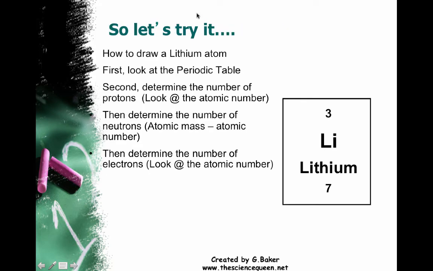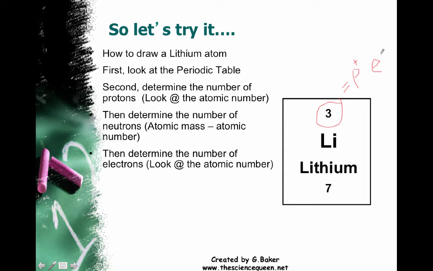Okay, so if we tried this right here, how to draw a lithium atom, first we're going to look at the periodic table. And as we're looking at this periodic table, we need to remember that up here is our atomic number, and our atomic number equals the number of protons and electrons, and our protons have what charge?